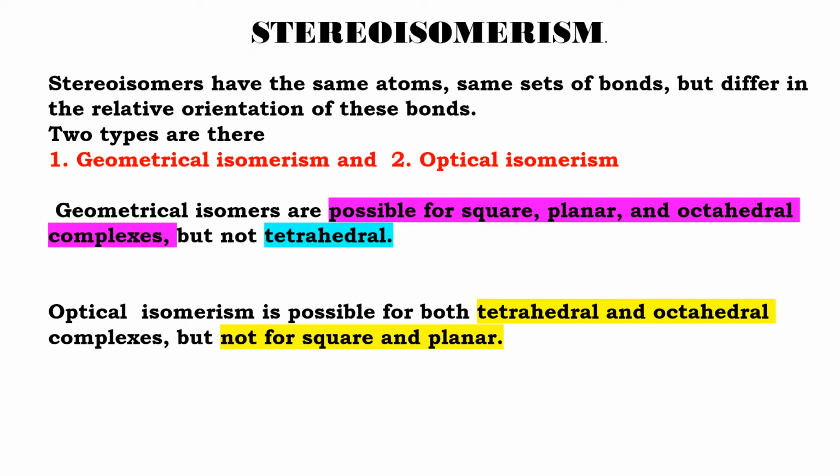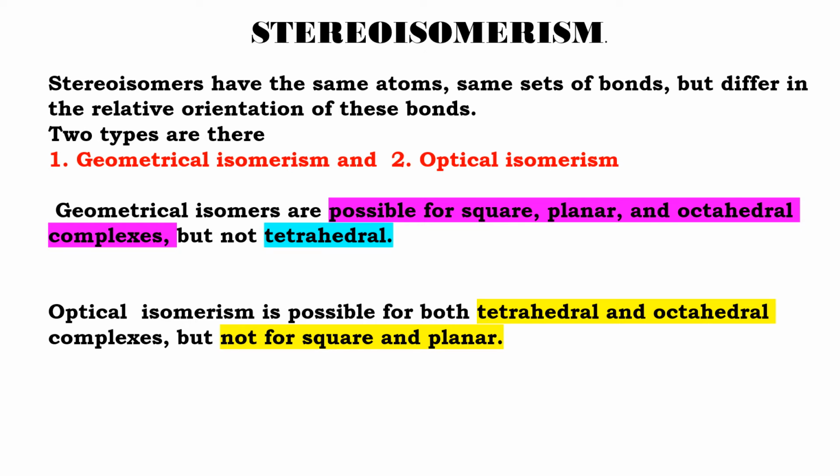The metal-ligand bonding will be the same in stereoisomers, but the ligands placed in three-dimensional space will be different. Stereoisomerism is classified into two: geometrical isomerism and optical isomerism.